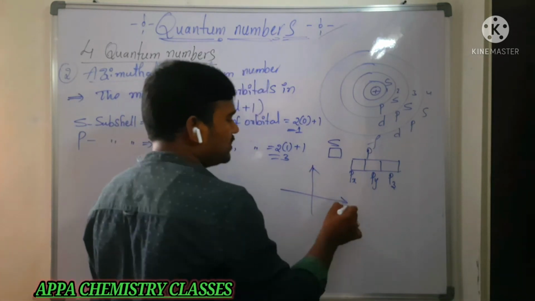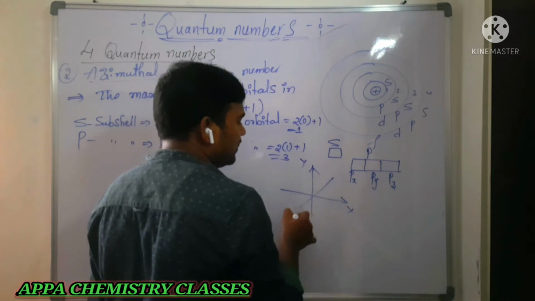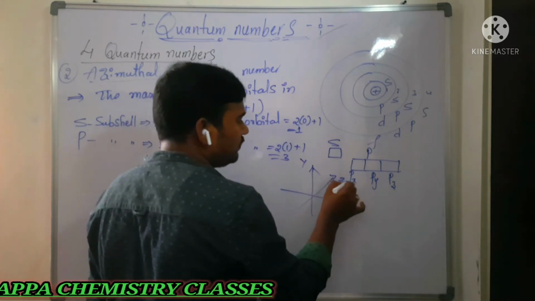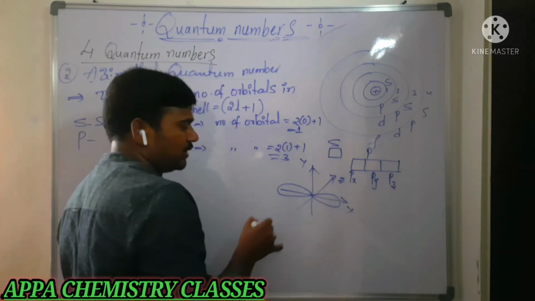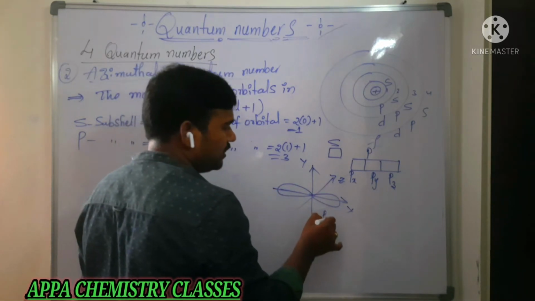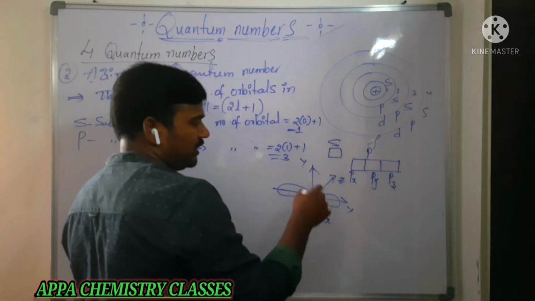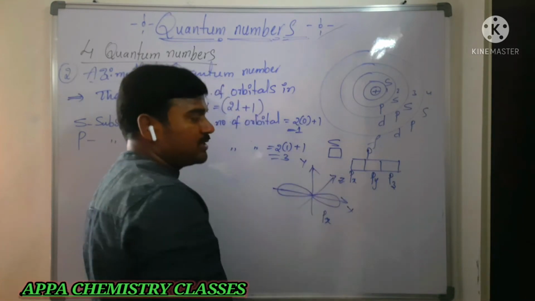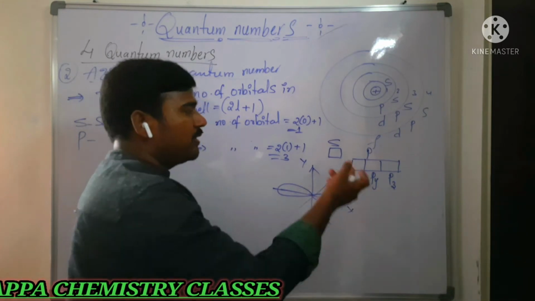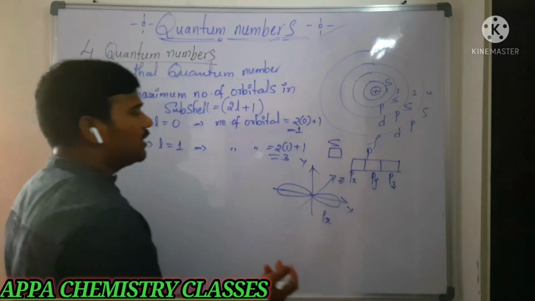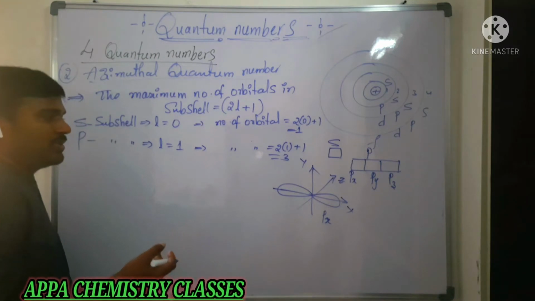If the orbital is present along the x-axis, it is called Px orbital. If it is present along the y-axis, then it is Py orbital. That is the shape of a dumbbell. The P subcell has the dumbbell shape. Is that clear?